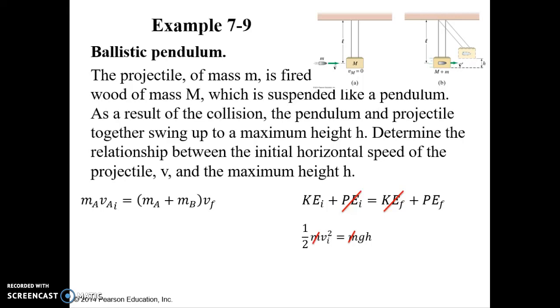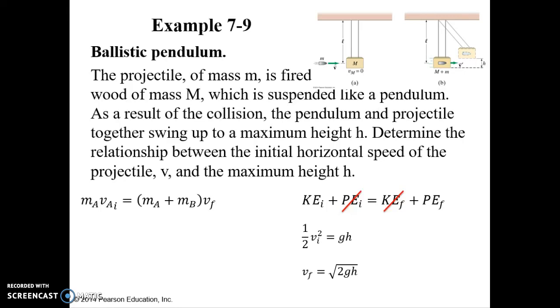Look at that, the mass cancels out. And our equation reduces down. Solve for the initial velocity, which really is the final velocity for our conservation of momentum equation. So I'll just go ahead and change the subscript there.